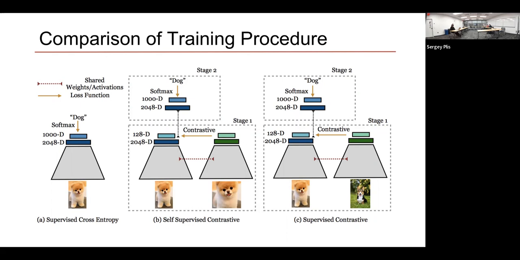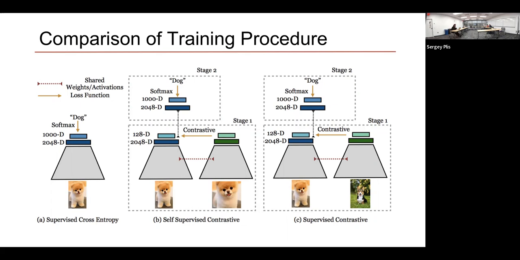They pass the same image with some kind of augmentation and try to make the pair as close as possible in the embedding space. But for the supervised contrastive setting, as you can see on the right, they are using label information. That means they pick any samples from the same class in the same batch and try to keep them as close as possible in the embedding space.